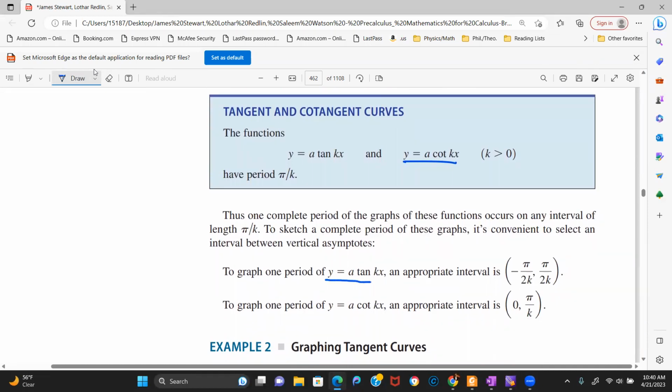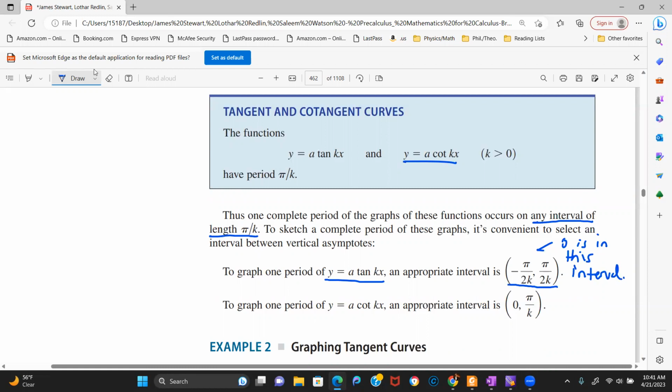When you want to actually plot this function, you can use any interval you want as long as the length is pi over k. But the best way to do it is just to use an interval of this form. It's centered at 0, right? 0 is in this interval.